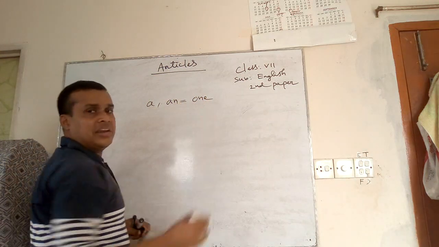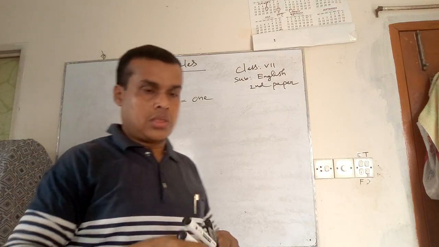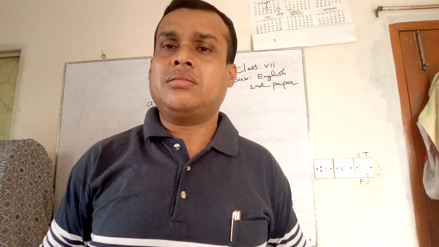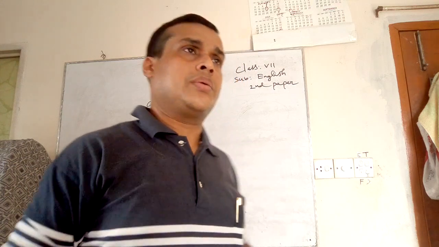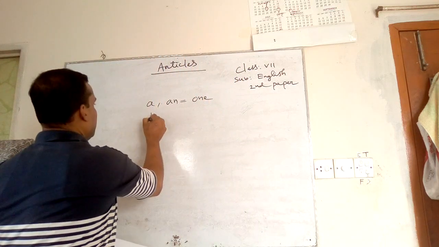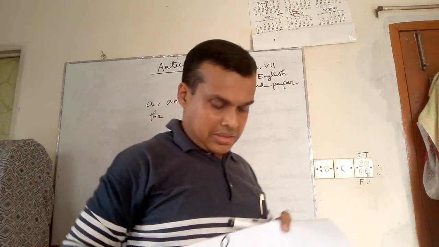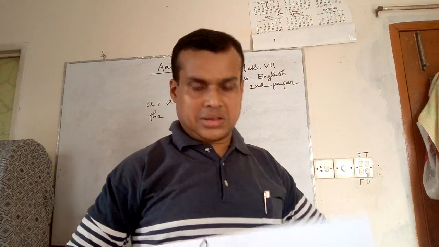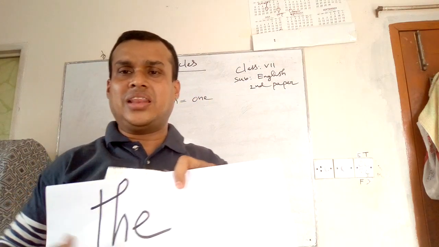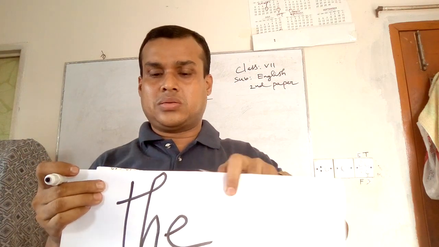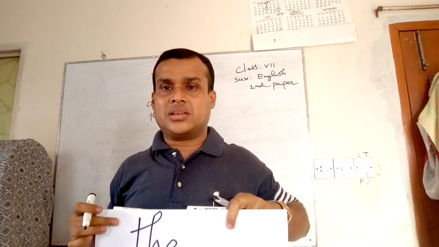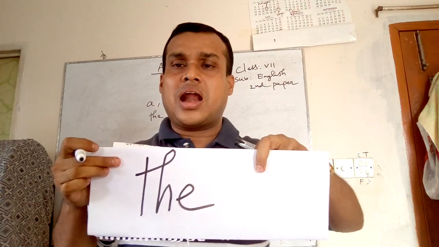A and An are indefinite articles. What is an indefinite article? A and An are indefinite articles. What is a definite article? The is the definite article.